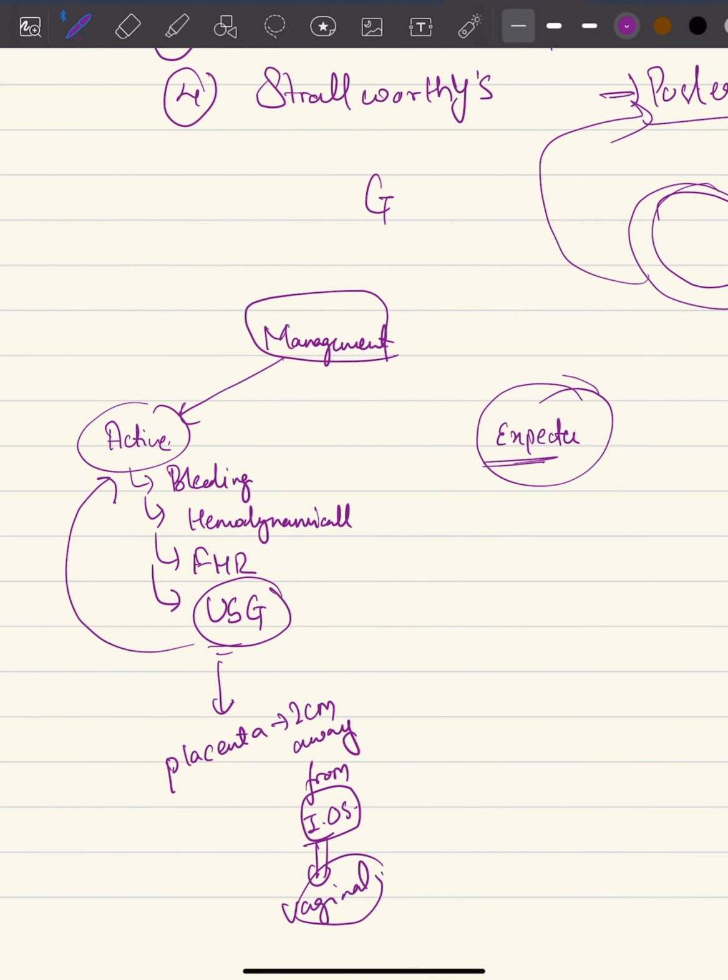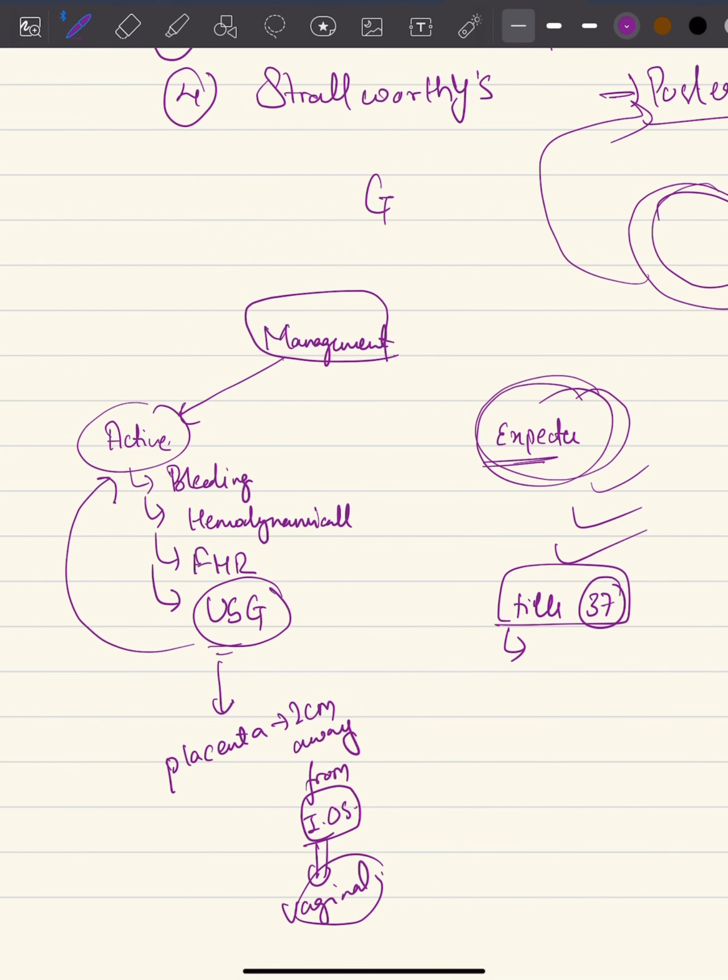Let's talk about expectant management. If there is no bleeding, if the person is hemodynamically stable, and if the fetus is well, then we would continue the pregnancy till 37 weeks.